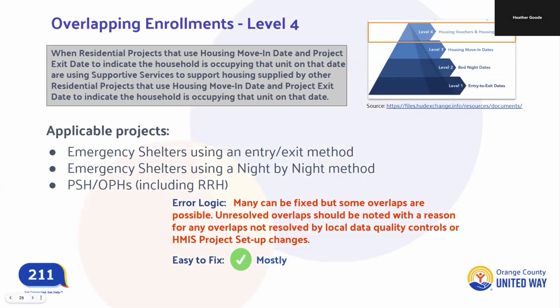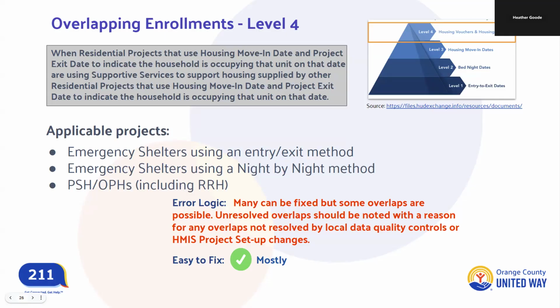And so this level four, the last level on the pyramid, is when residential projects that use a housing move-in date and a project exit date to indicate the household is occupying that unit on that date are using supportive services to support housing supplied by other residential projects that use the housing move-in date and project exit date to indicate the household is occupying the unit on that date.